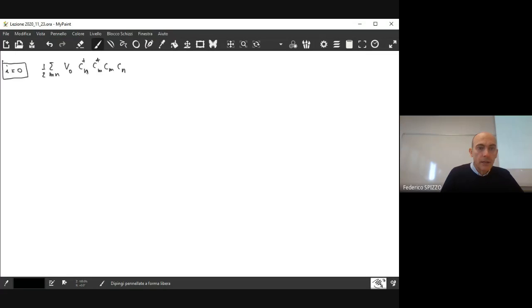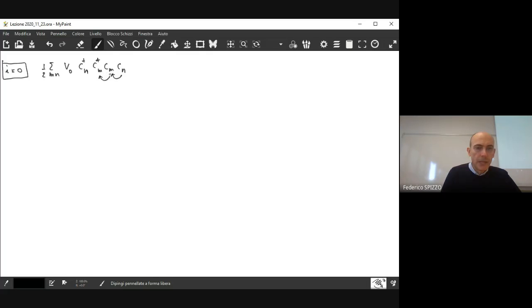To change the structure of the operators here, we have to make two exchanges, taking Cn close to C cross n. At that point, we have the number of particles operator corresponding to level n, and also the number of particles operator corresponding to level m.